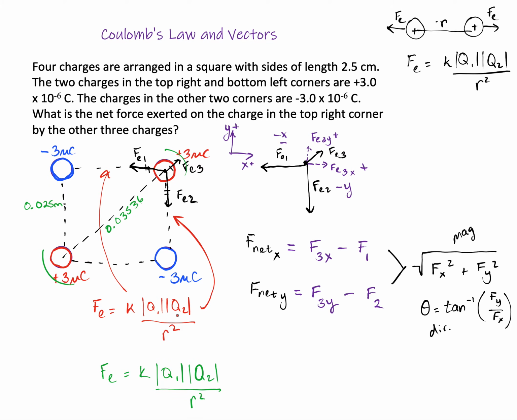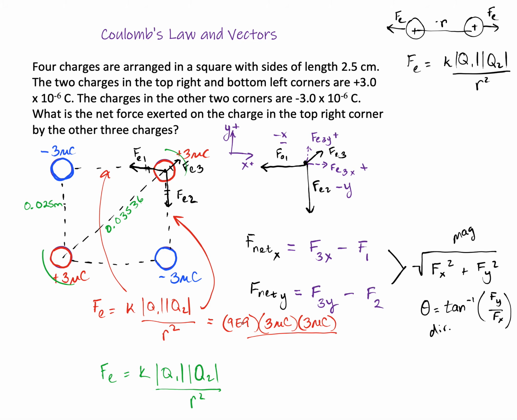Okay, so if I was putting these values in here, I'm writing it in microcoulombs, even though I know I would need to actually write it multiplied by this, right? It's just to save space. So over here, I'd have 9 times 10 to the 9th, which is the K value, times 3 microcoulombs times 3 microcoulombs. I could have done 3 squared.